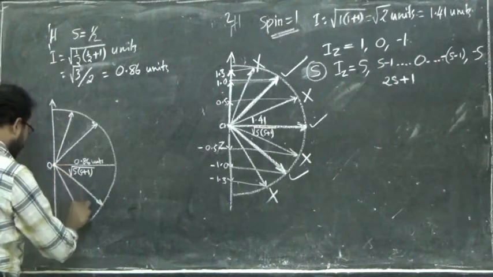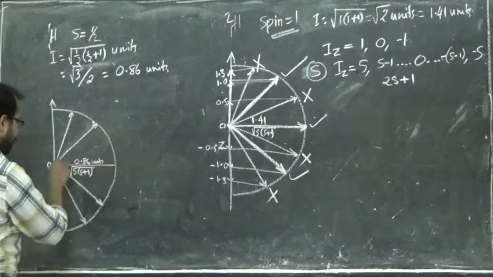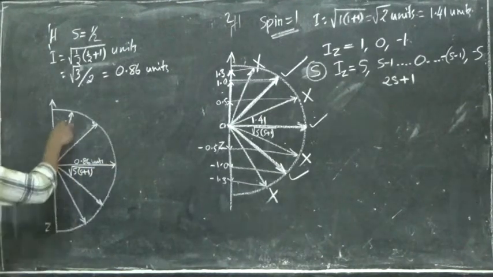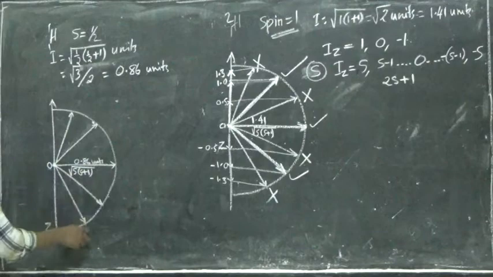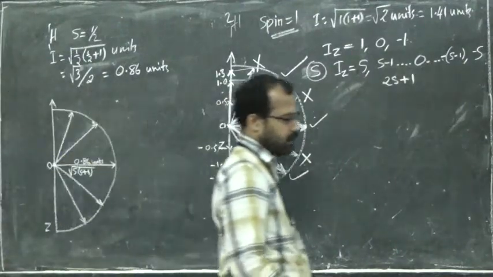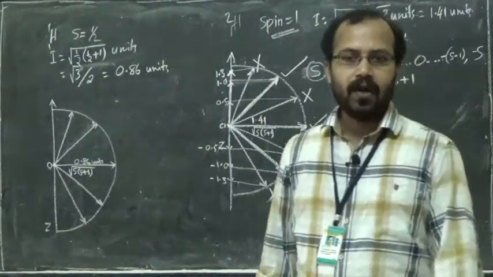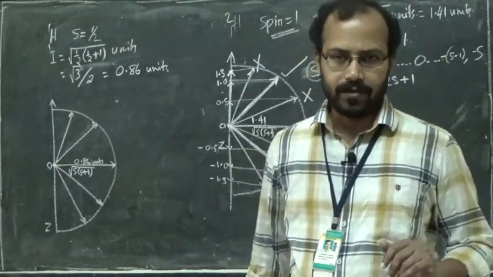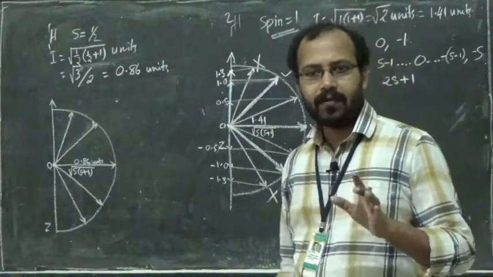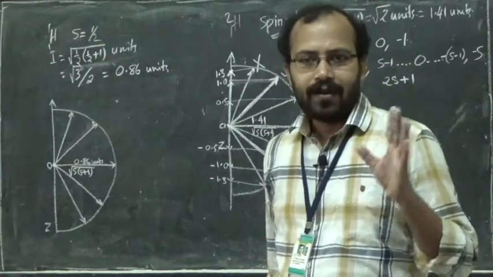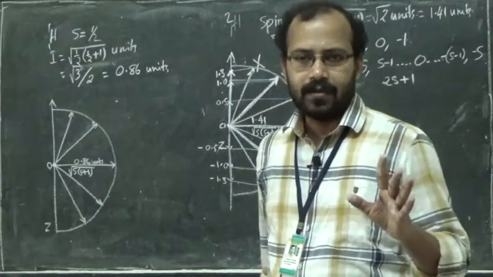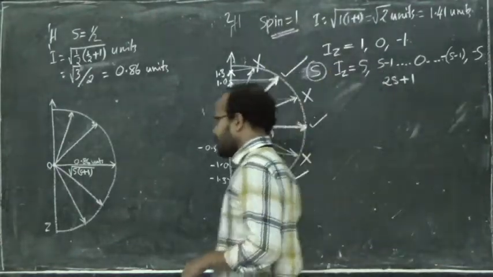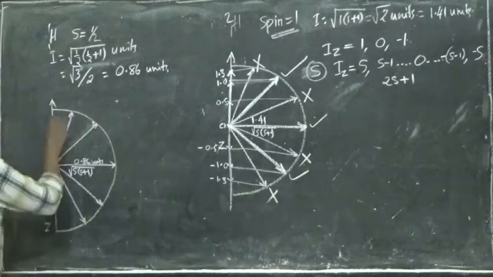This one is already there. So I have drawn 1, 2, 3, 4, 5 arbitrary directions. All these angular momenta have the same magnitude, but different directions. Now I am checking what the component is for each of these arbitrary directions. Let me check the component of the first one.